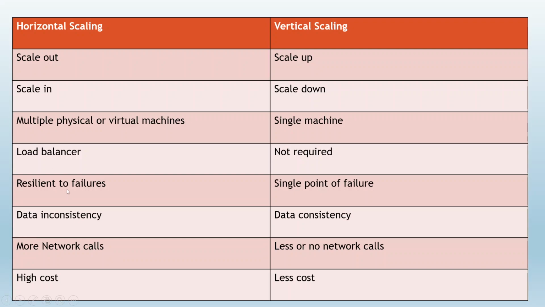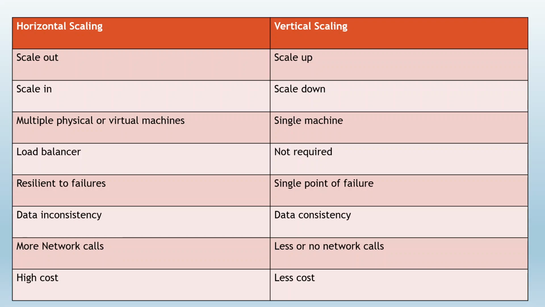Horizontal scaling is resilient to failures, because we maintain data replication strategies. Multiple copies of the data are stored in all the available servers. So a request coming to one server for one transaction will also be served if another server receives another request from the same user.